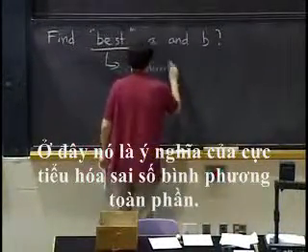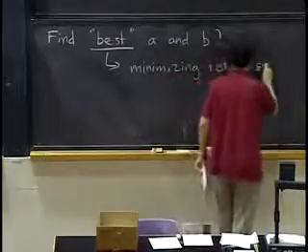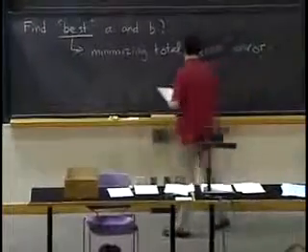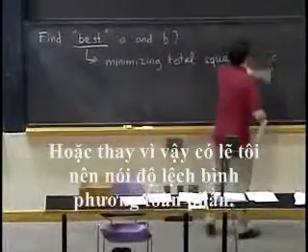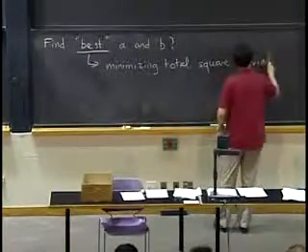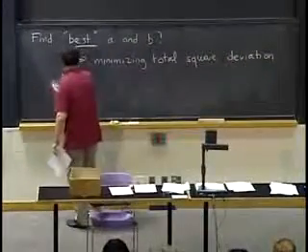minimizing the total square error. Or maybe I should say total square deviation. Let me do that instead. Okay, so what do I mean by that?